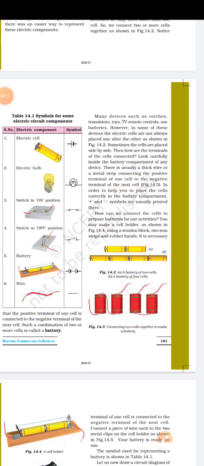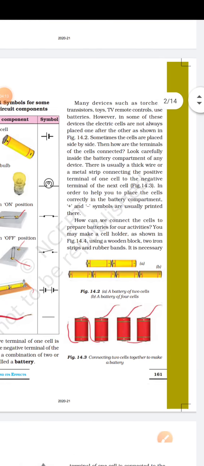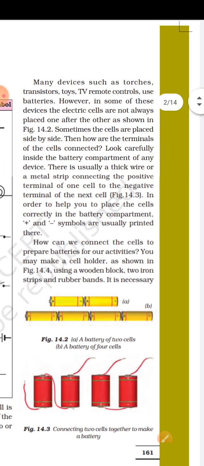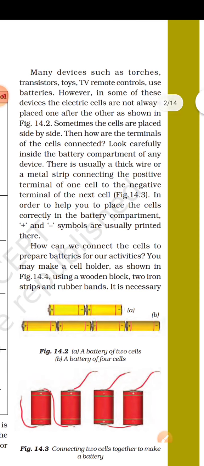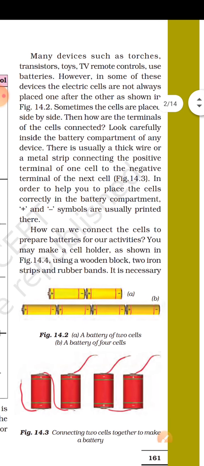So many devices such as torches, transistors, toys, TV remotes use batteries. However, in some of these devices, electric cells are not always placed one after the other. Sometimes the cells are placed side by side. Then how are the terminals of the cells connected? Look carefully inside the battery compartment of any device.